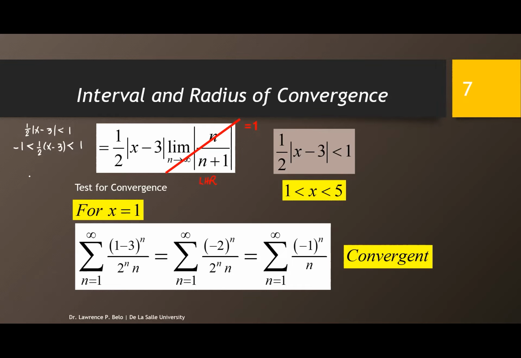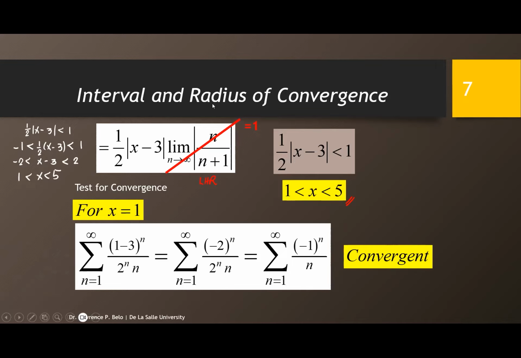And then multiply everything by 2. That becomes -2. Sorry. X minus 3, 2. And then we solve for x. X is 5, 1. That's why you have this one. X is from 1 to 5.